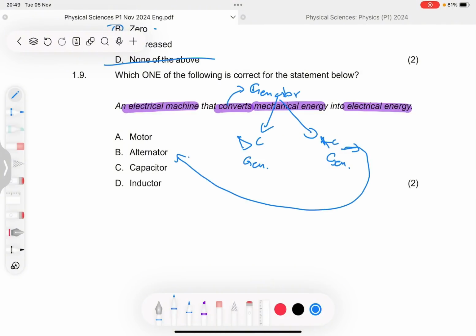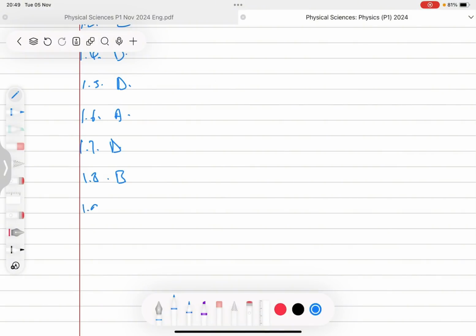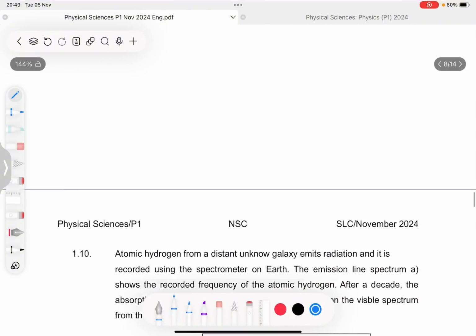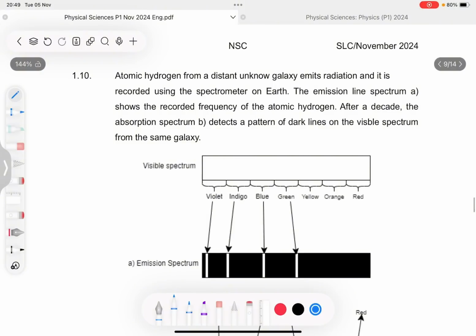So this one converts mechanical energy into alternating current, and when you say current, it will be an electrical energy, right? And a DC generator simply converts mechanical energy into a direct current, right? So our answer here is the alternator. So the answer here would be B. 1.9 would be B.